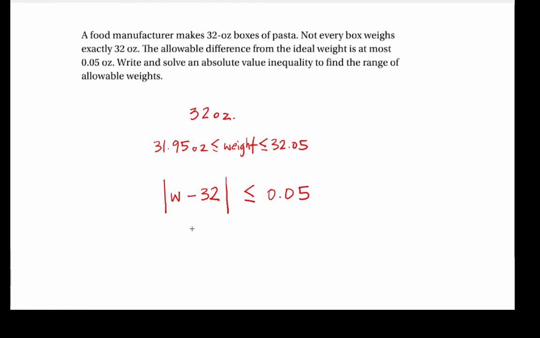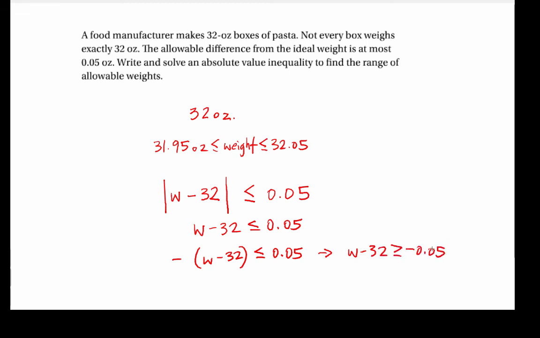If I remember, the way I would solve this is I could take the W minus 32 less than or equal to 0.05. I could take the negative of that, which is the equivalent of W minus 32 greater than or equal to negative 0.05.